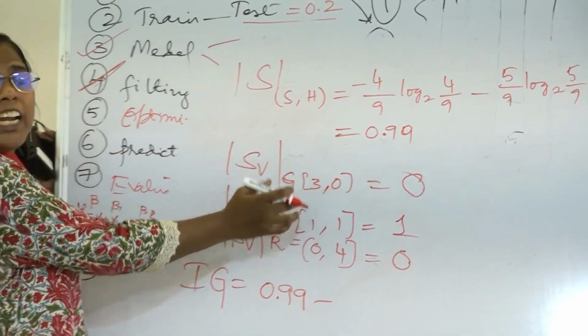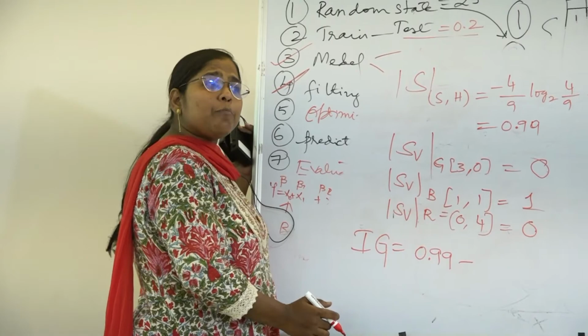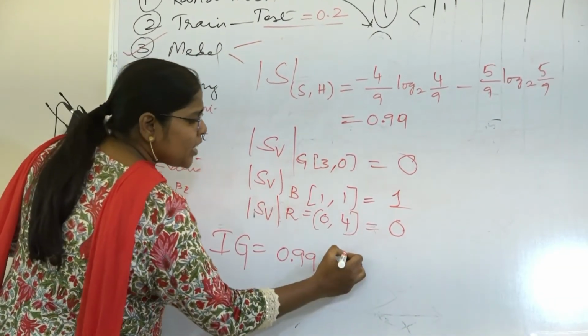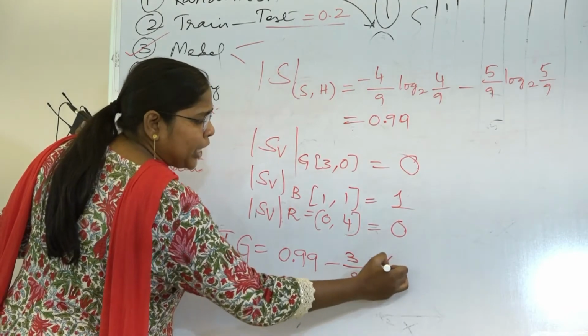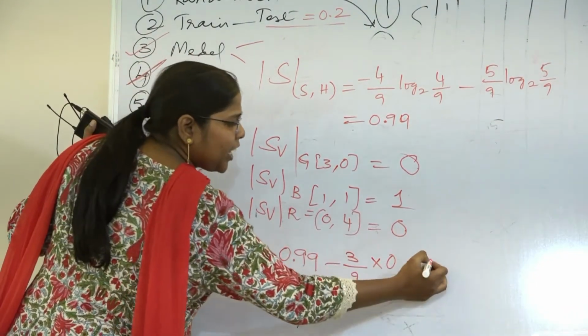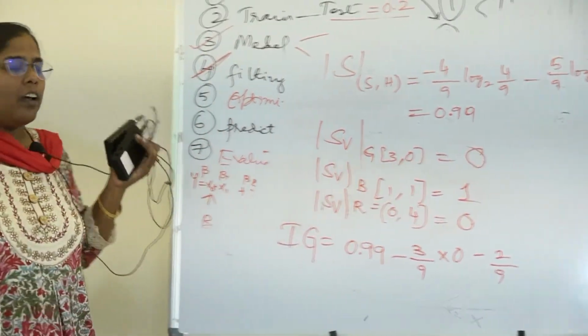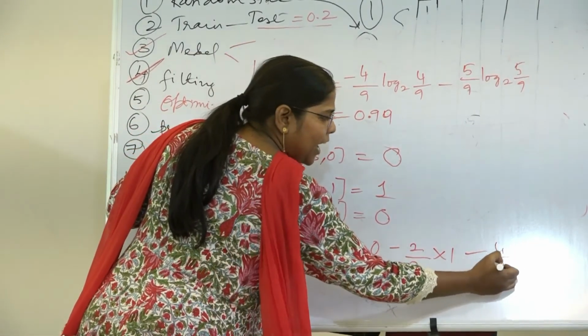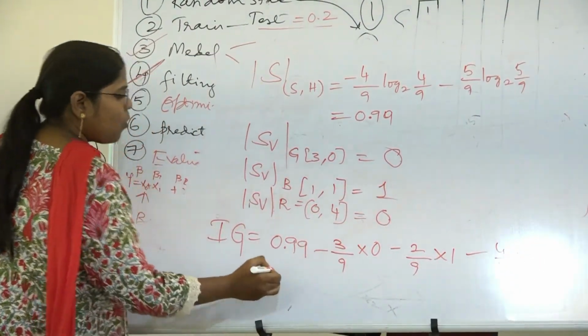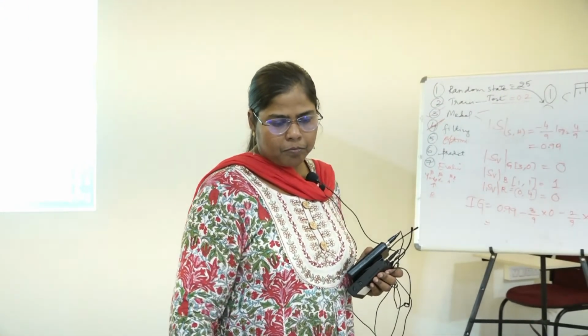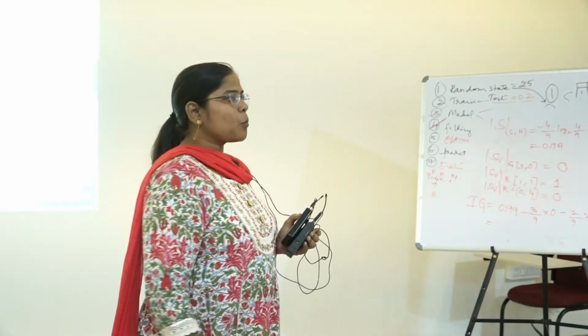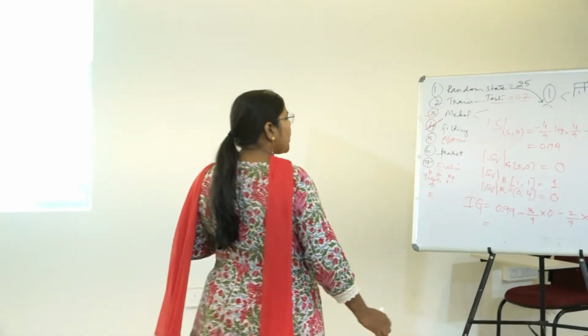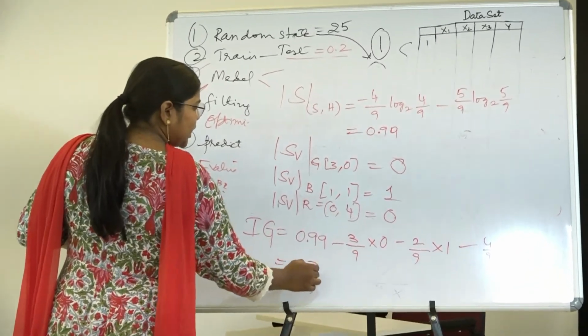Total number of greens available divided by all: 3 by 9 into 0, minus 2 by 9 into 1, minus 4 by 9 into 0. What is the information gain? It is 0.767.